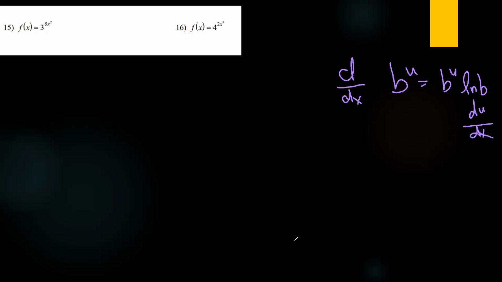So in order to find the derivative of a number that is raised to something, you need to find u and du over dx. Since here in number 15 we have 3 raised to the power 5x squared, 5x squared will be u.